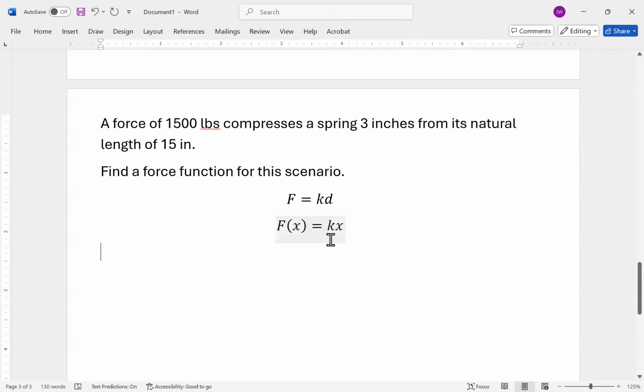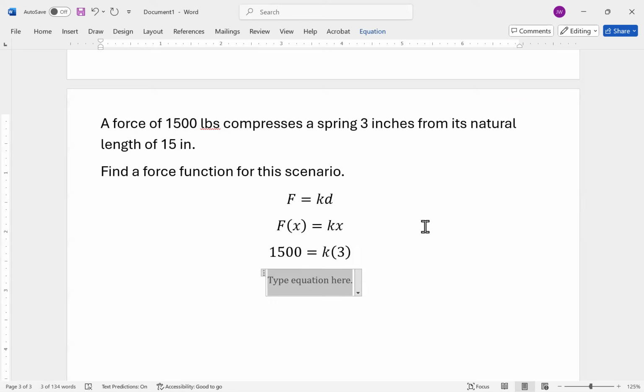Now we try to find this constant, and this is what this information is telling us. It says a force of 1,500 pounds is what's going to happen when we've compressed 3 inches, and therefore 1,500 is equal to my constant times 3. That means dividing both sides by 3, obviously, that my constant is 500.